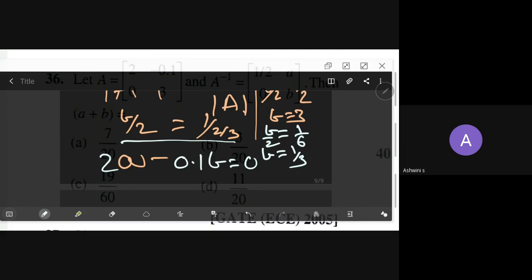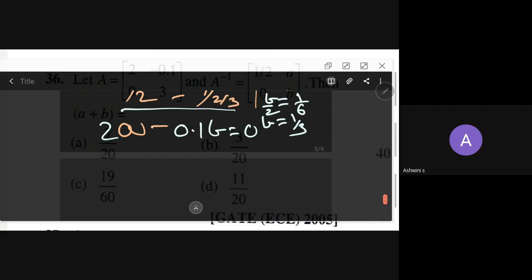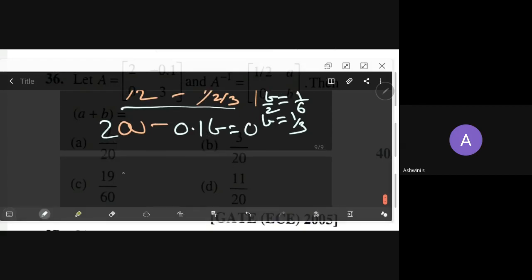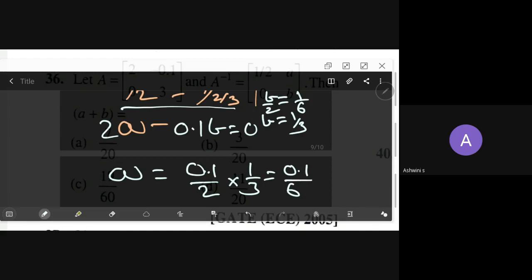So A is 0.1 by 2 into 1 by 3. I think 0.1 by 6. So I can find the answer, I think.